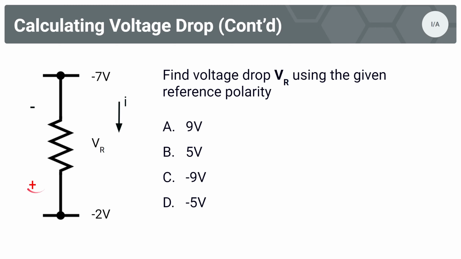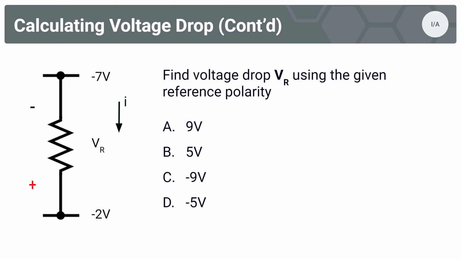We have our polarity here of our voltage drop. What we're doing when we calculate the voltage drop is we're actually measuring the voltage of the positive terminal relative to our reference point, which is the negative terminal.